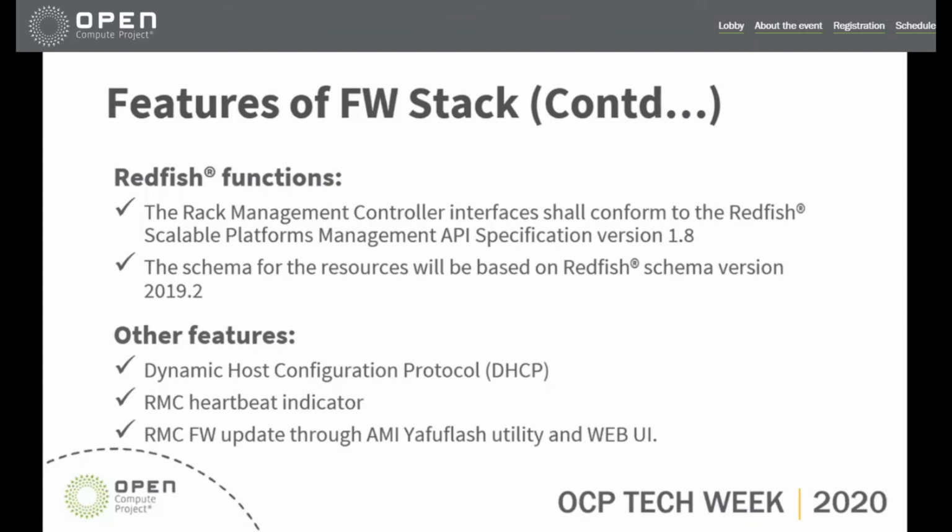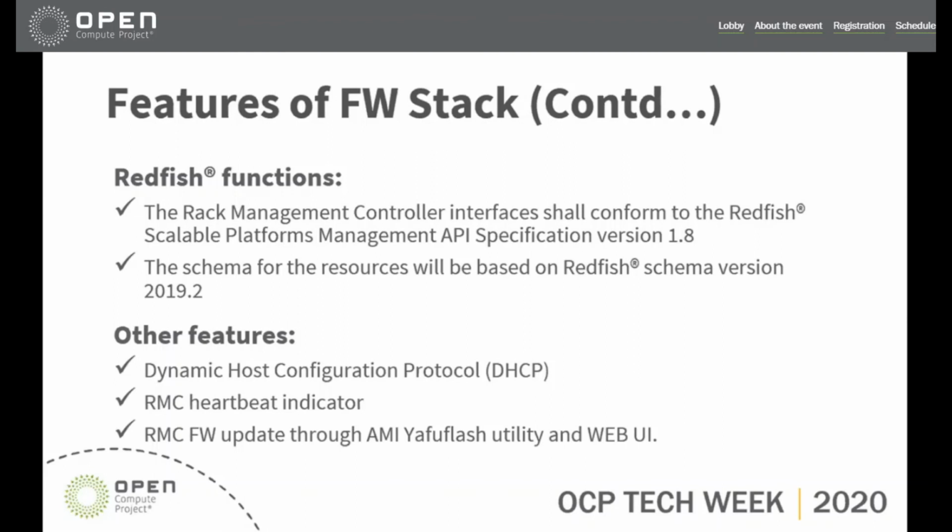Now, the next important item that we are working on at this moment is integrating the Redfish solution. For Redfish, we are using the Redfish Scalable Platform Management API specification, which is version 1.8, and the schema that we are supporting is 2019.2.